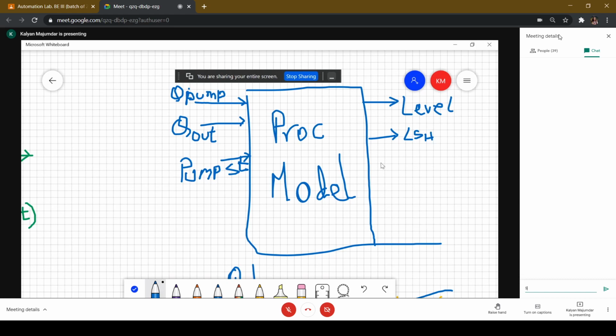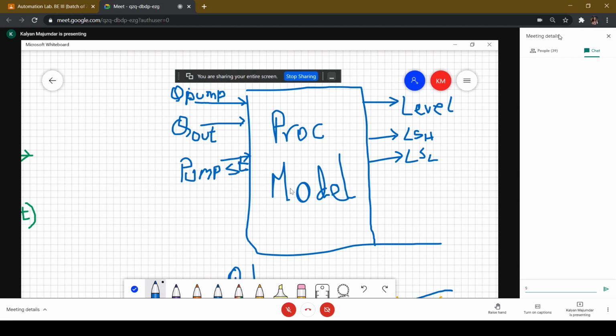What is the current state of the level sensor high? What is the current state of the level sensor low? Because these are inputs to your controller. When you tested your controller, this was done by push buttons. You pressed the two push buttons and checked the logic of your controller.